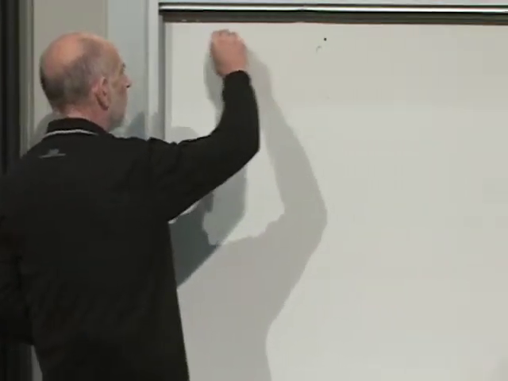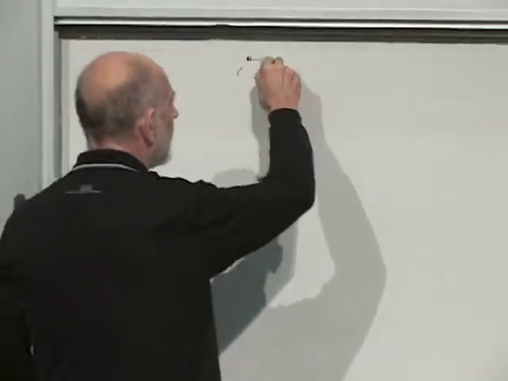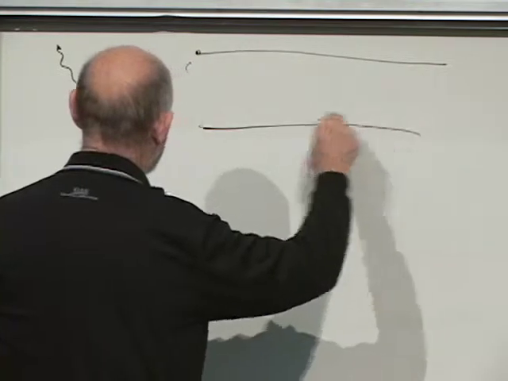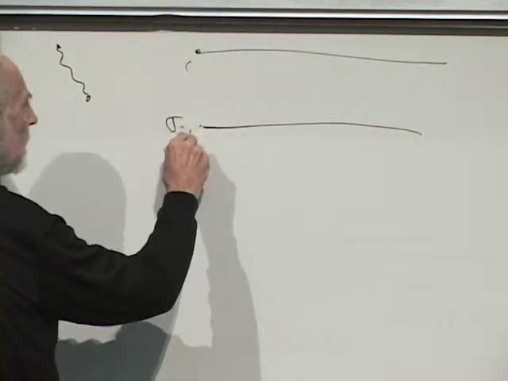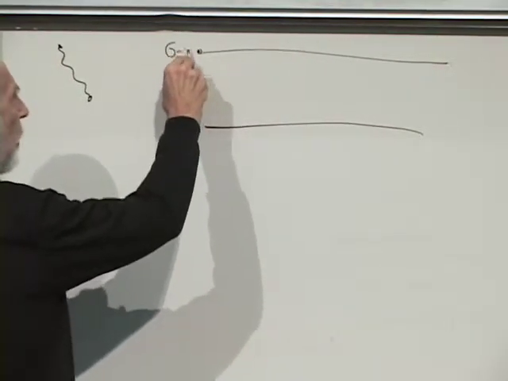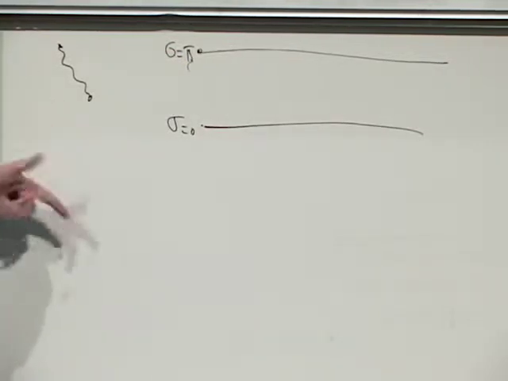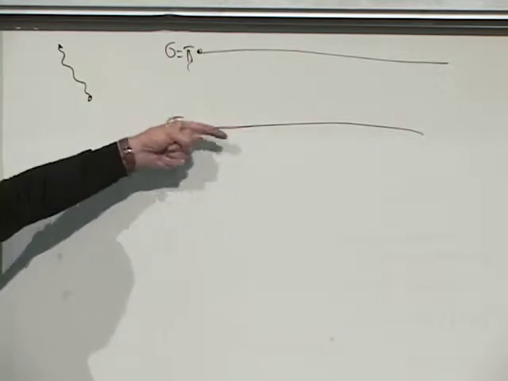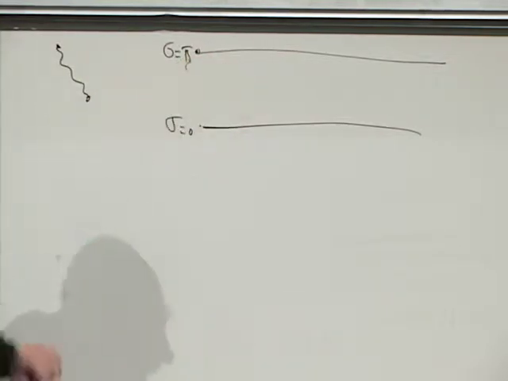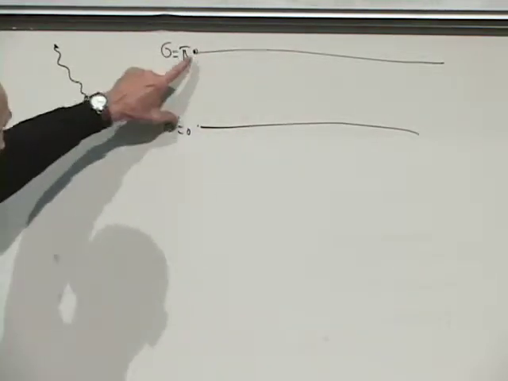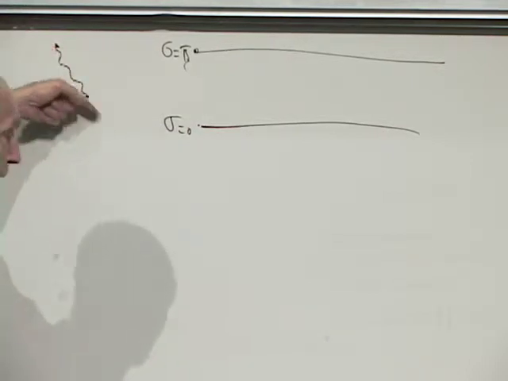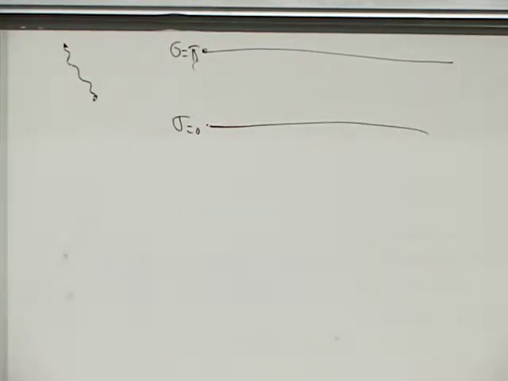Here's the end of a string at sigma equals 0, sigma equals pi. These are open strings. Now the string, of course, moves around in space-time, but it's always located between 0 and pi. That's not spatial position, that's just its parameter along the string.